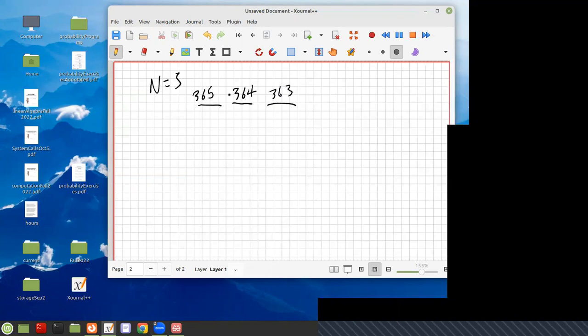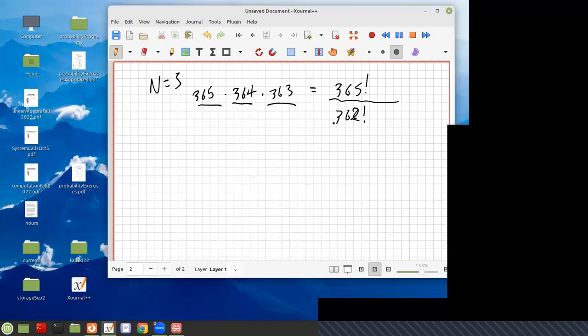Now, this number begins to look like something you've seen before in counting with factorials. It would look like 365 factorial over 362 factorial, which is the same number.